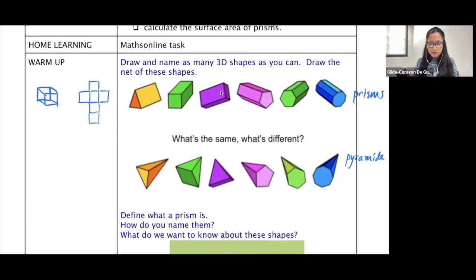Okay, so if you were able to figure out that the first figure here is what we call a triangular prism, then you're correct. On the bottom, that's what you call a triangular pyramid, right? Now, the second shape there, which is the green one, you call that a square prism.